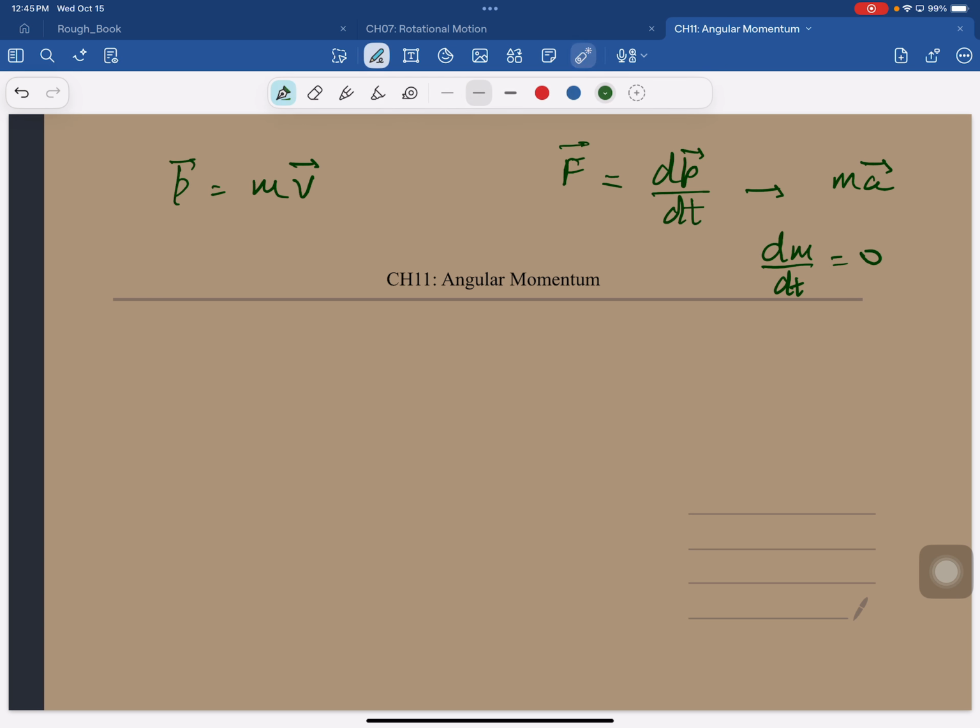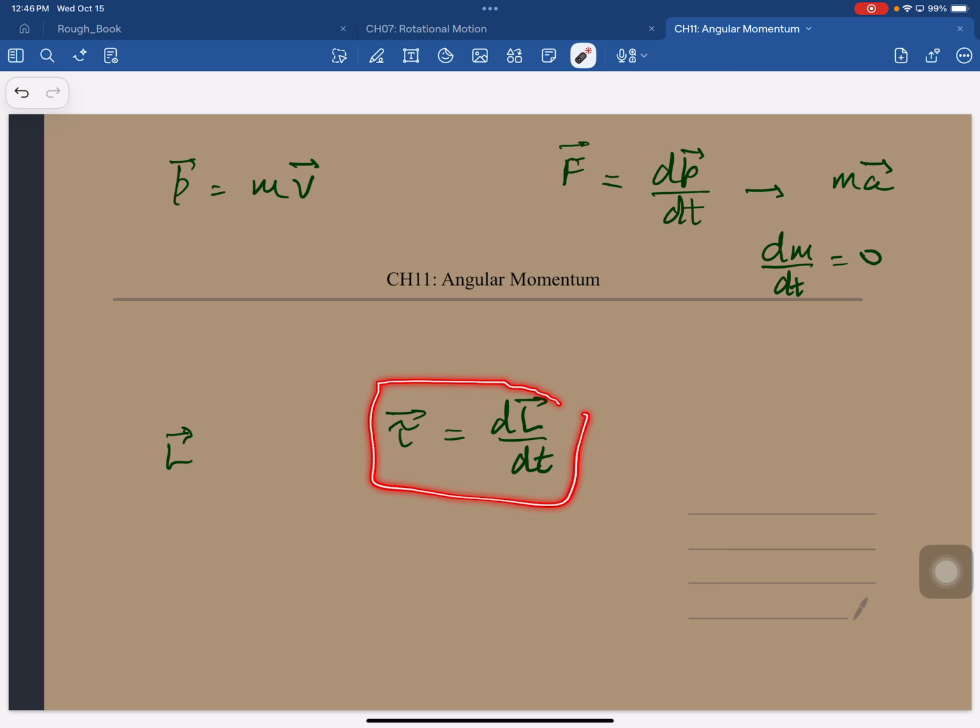Okay, so similarly, we'll introduce today something called angular momentum. It's denoted by L. It's a vector quantity, so hence the arrow on top. And Newton's second law will be torque equals dL by dt. We've talked about torques of forces last class, but this is Newton's second law for rotational motion.